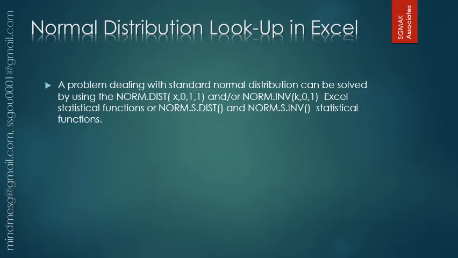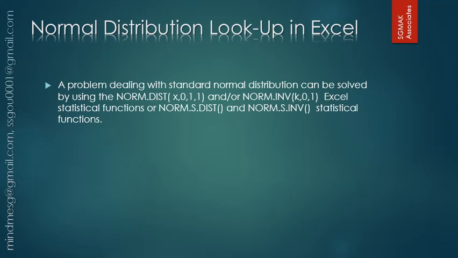Moving on, a problem dealing with the standard normal distribution. You can just use the normal distribution function to solve any normal distribution problem, because NORM.DIST takes the value of the random variable, takes the mean mu, takes the standard deviation sigma, and then depending on 1 or 0.